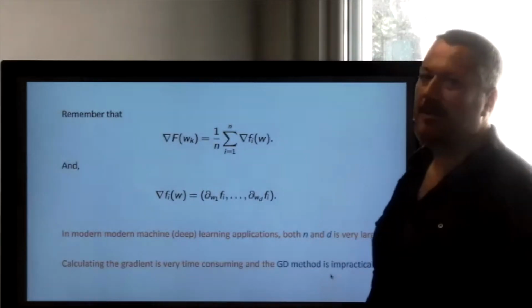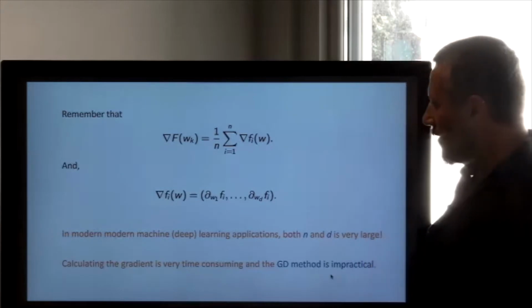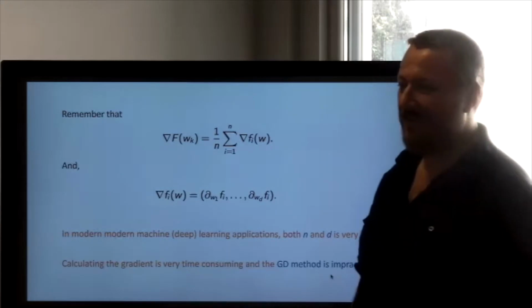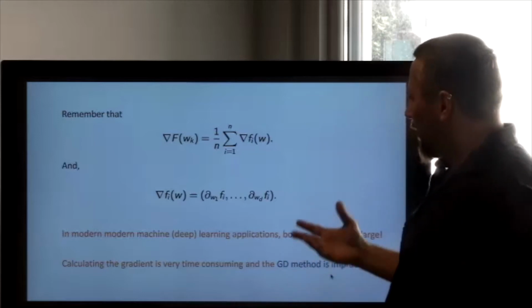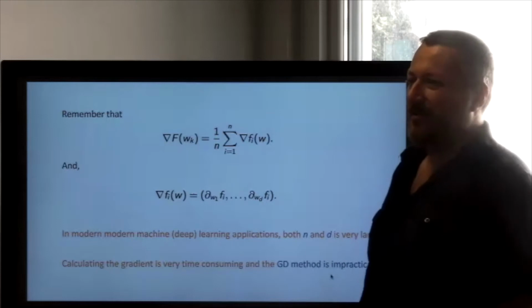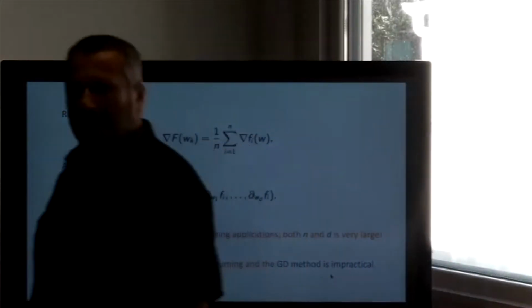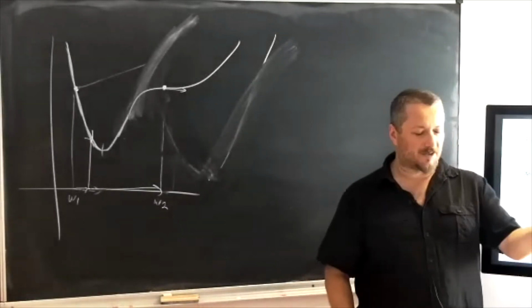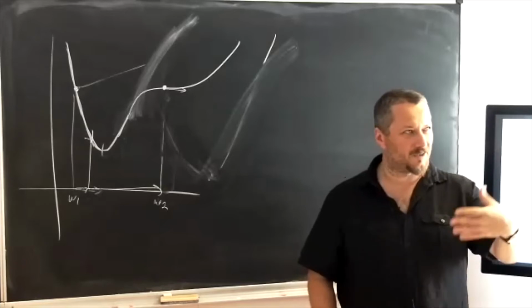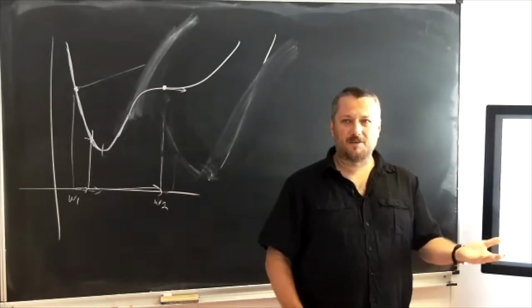So what we need to do is come up with an idea so that we can do this in an acceptable amount of time. Whenever you think of a problem which is not very easy and costs a lot of computation time, you will hear the word stochastic.